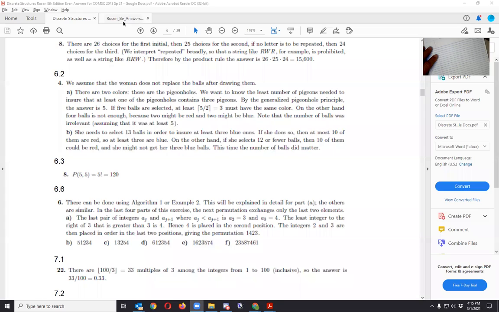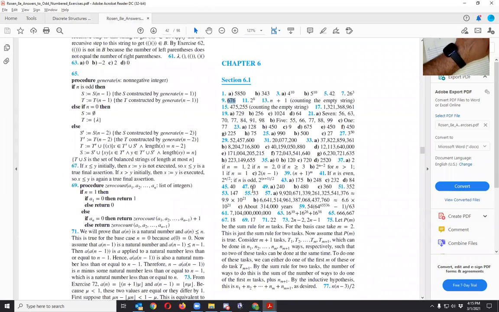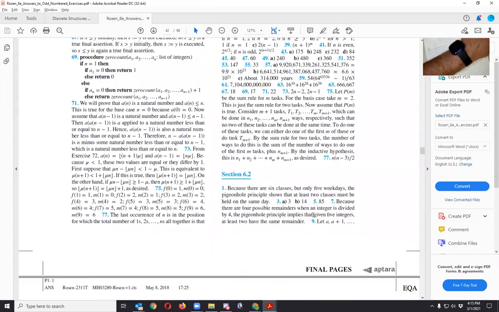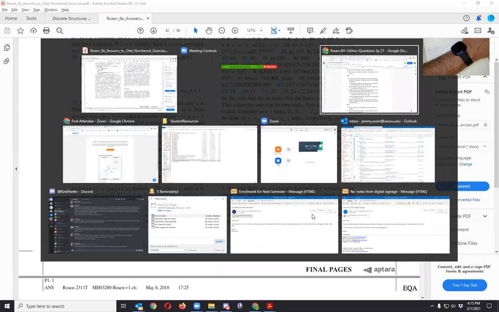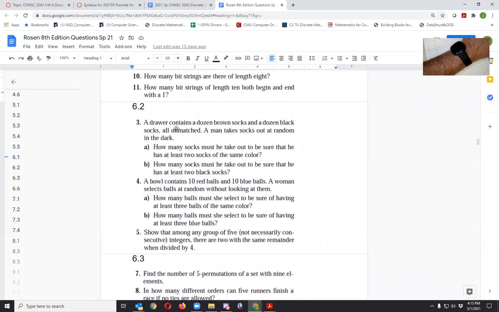Okay, now that we've got that, we can circle back and ask the question about the socks. Let me share my screen again. Okay, yeah, that's okay because we'll need this 3 in just a little bit. A drawer contains socks. How many socks must you take out to be sure that you have at least 2 socks the same color? Well, let's say you grab 1 sock.